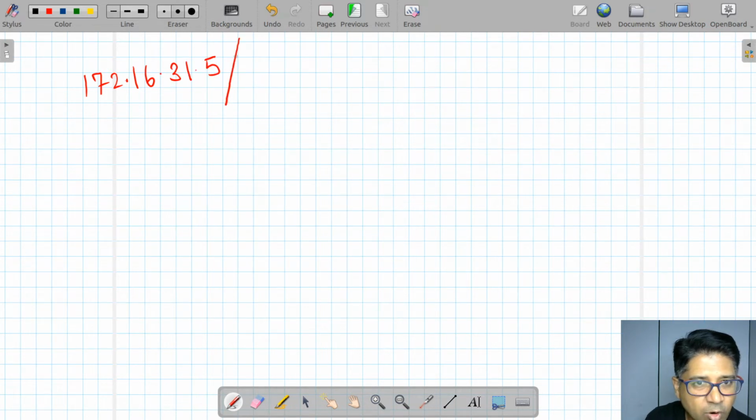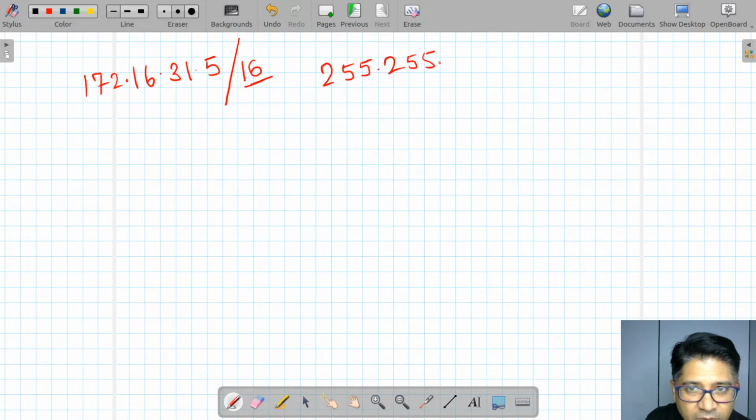Manmohan, tell me which class this belongs to. Sir, class B, and 16 bits belong to the network. Yes, 16 bits. The subnet mask will be 255.255.0.0.